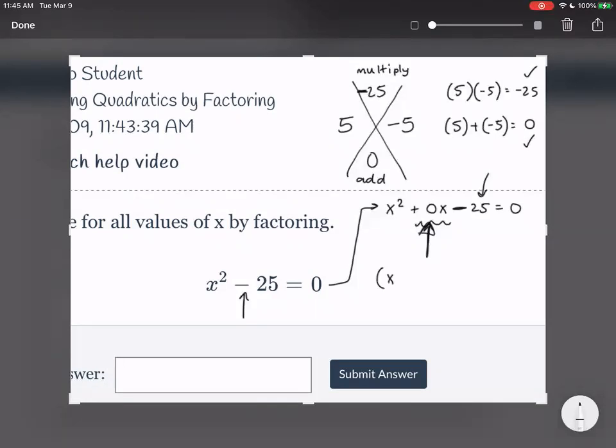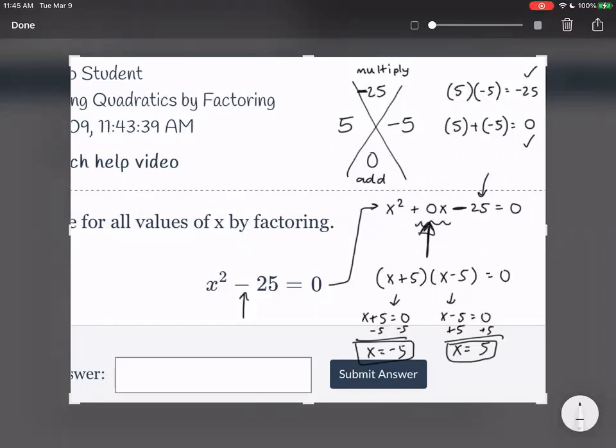Remember that you could totally write it in factored form. x plus 5, x minus 5 equals 0, and then solve for it by setting each factor equal to 0. Then you subtract 5, x equals negative 5. Here's one answer. This one you add 5, x equals positive 5.